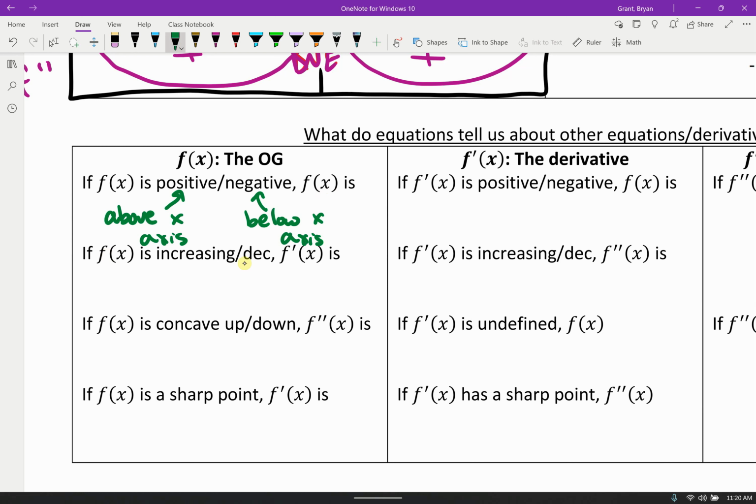If f of x is increasing or decreasing, then what does that tell us about f prime? Well, because f prime describes increasing or decreasing, if f is increasing, then f prime is positive. So I'm going to say f prime of x is greater than 0. And conversely, f prime of x is less than 0.